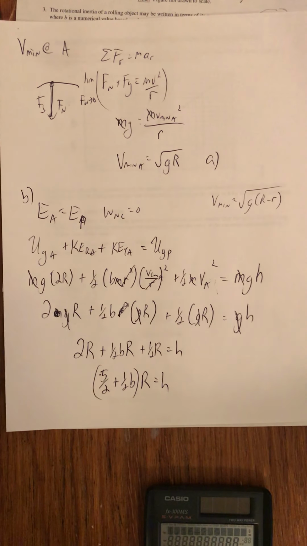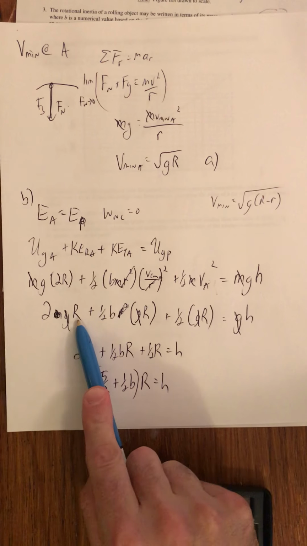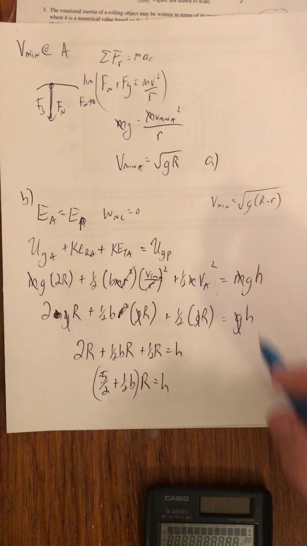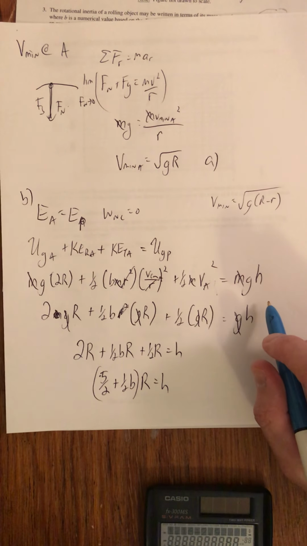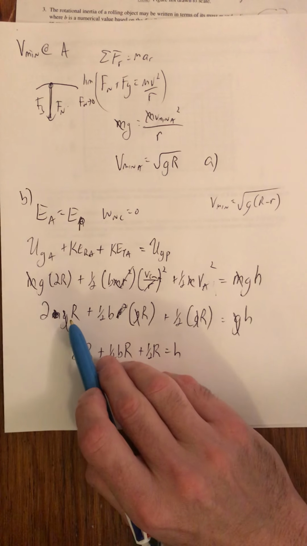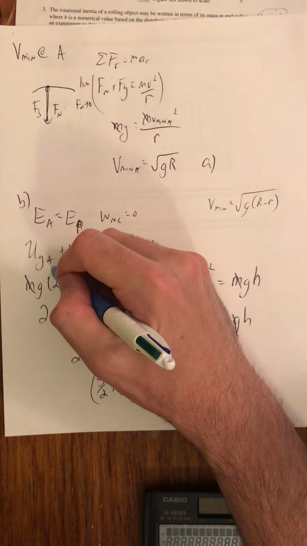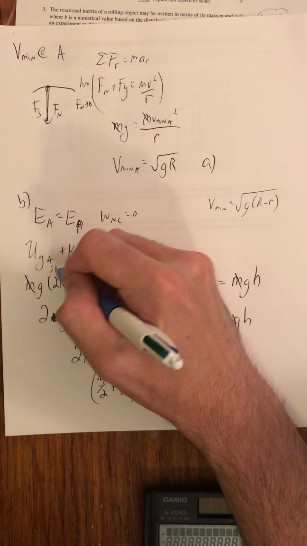And this height would not be 2R, and we'd continue to measure UG from the ground, so this term would be 2R minus little r.